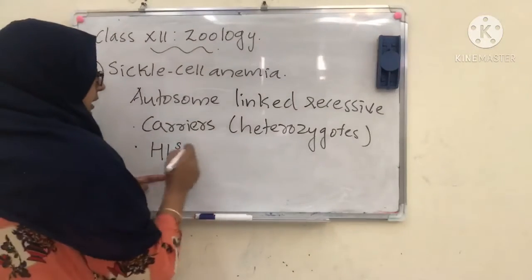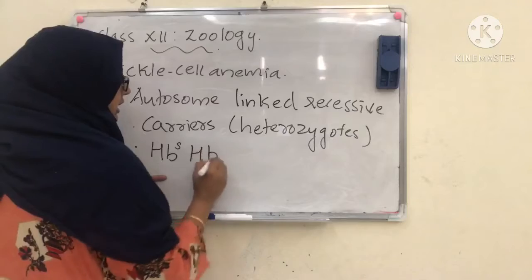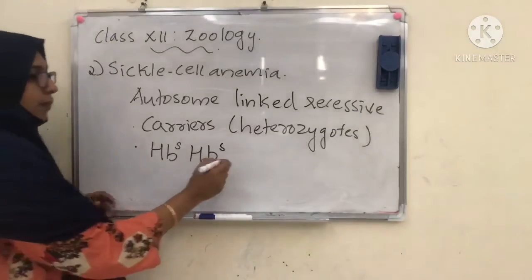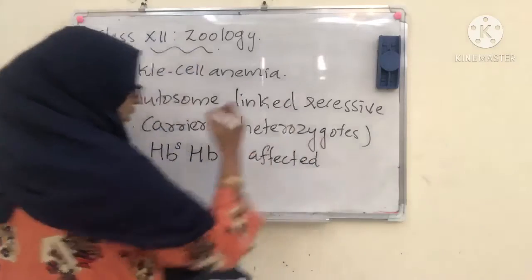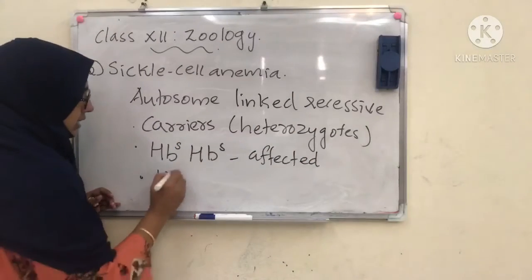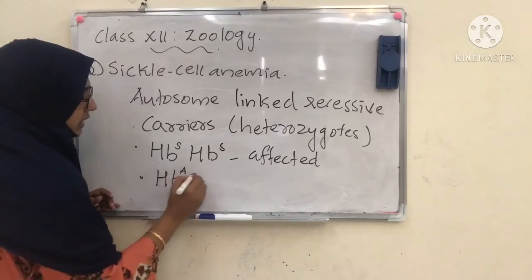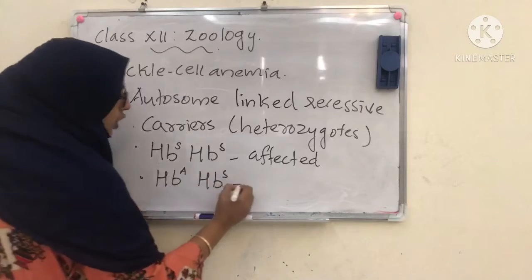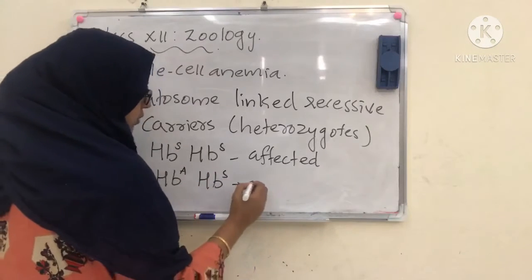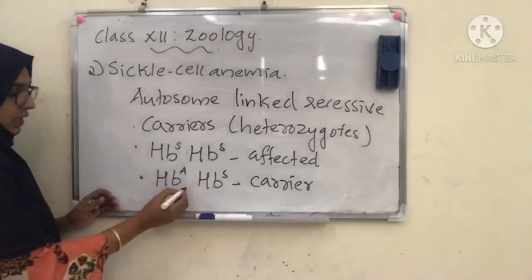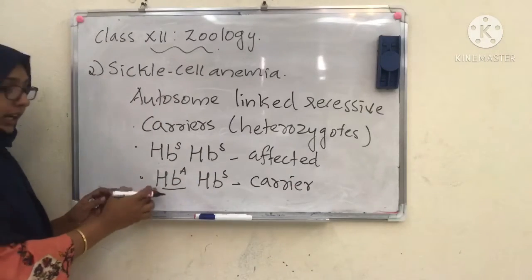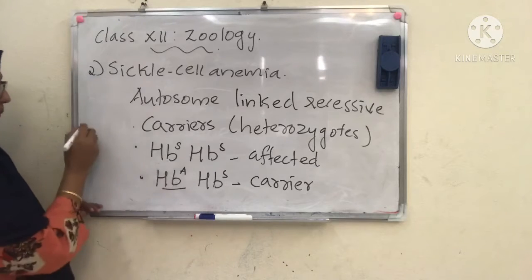When it is in the homozygous form, this is known as the affected individual. When the disease condition is in this form, we can say it is a heterozygous one, and they act as carriers. You might have observed an allele here, that is HBA.